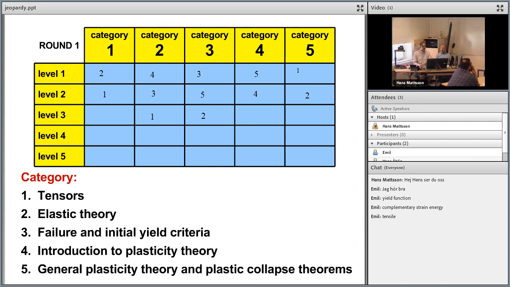Number 4, level 3 for group number 3, level 4.